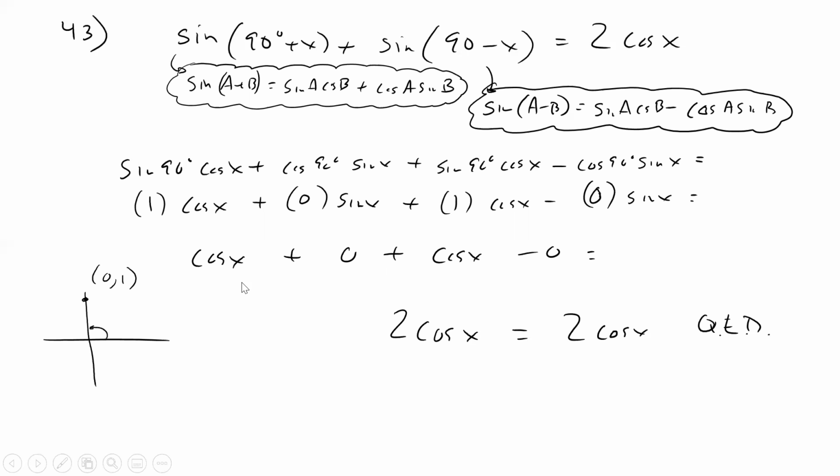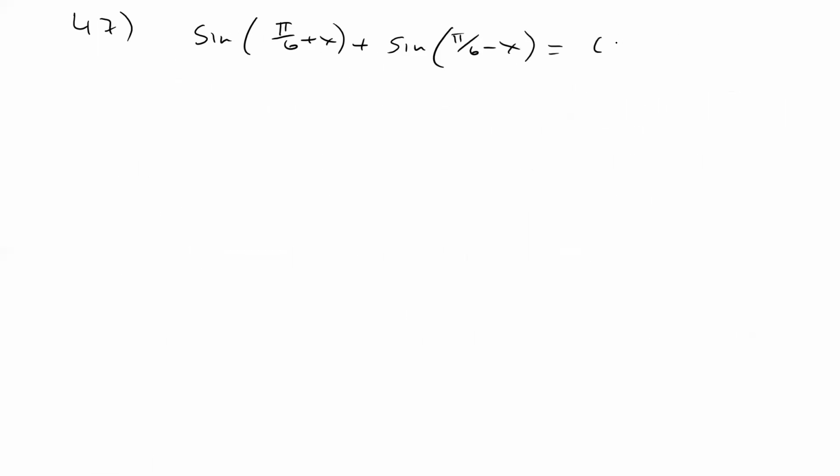All right, something that I have not done as much as is radian measurement, but it's the same thing here. So 47, last one here, is sine of pi over 6 plus x plus sine of pi over 6 minus x. Is that equal to just a regular old cosine? Cool. Let me start you off on that, and then we'll go from there.